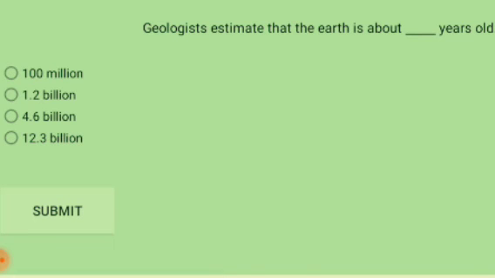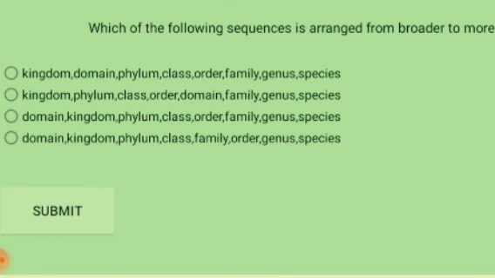Geologists estimate that Earth is about dash years old. Option A 100 million, B 1.2 billion, C 4.6 billion, D 12.3 billion. So it's actually 4.6 billion.